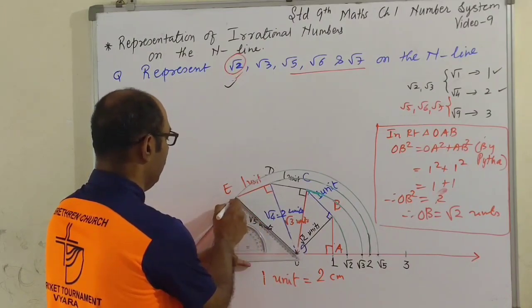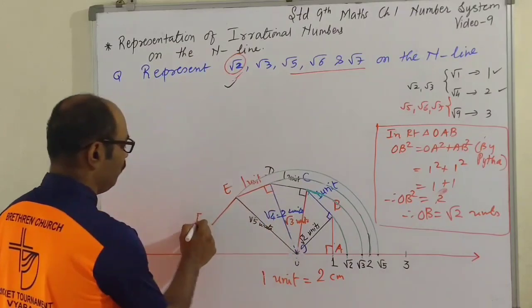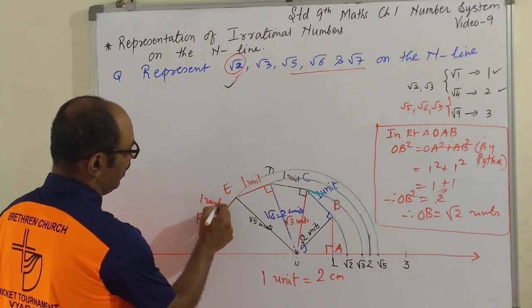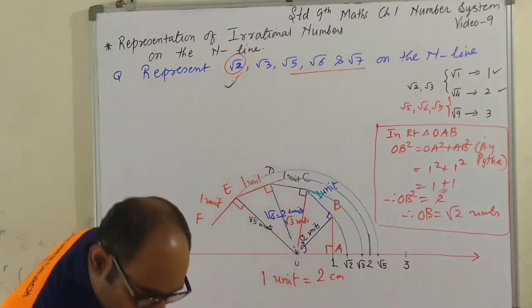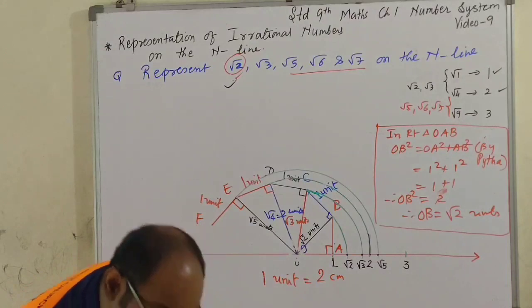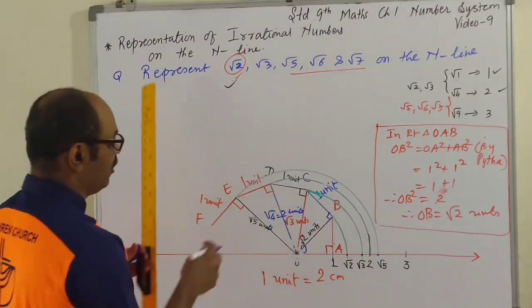Okay, and then this point is F and it is 1 unit in length. Correct? Don't forget the sign, right triangle. And now you draw the hypotenuse FO. This point is O.